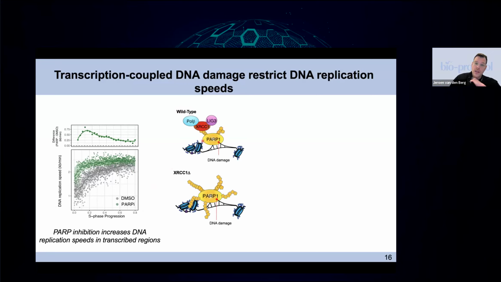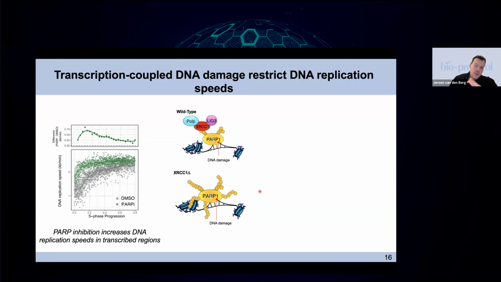Normally PARP enzymes are recruited to sites of DNA damage, and then via auto-PARylation, so it modifies itself with ADP ribose, it can recruit this DNA repair complex, and this DNA repair complex then comes in to repair this lesion, and then PARP can move from this location. However, if XRCC1 is not present, this PARP enzyme starts to hyperactivate and starts to modify itself even further.